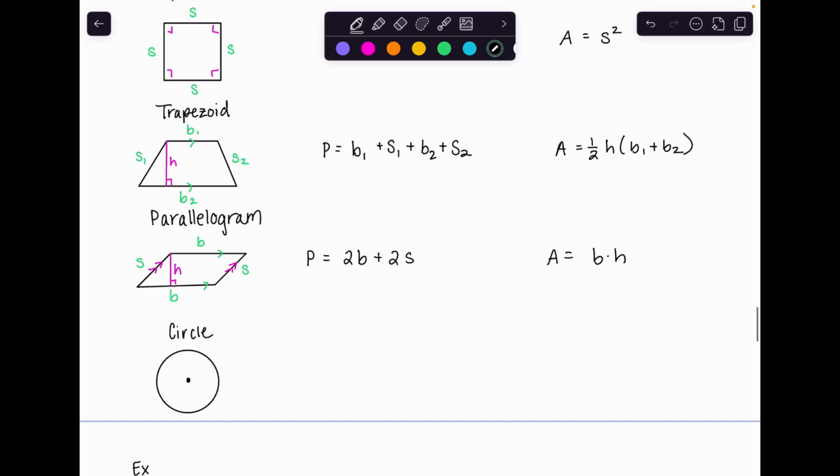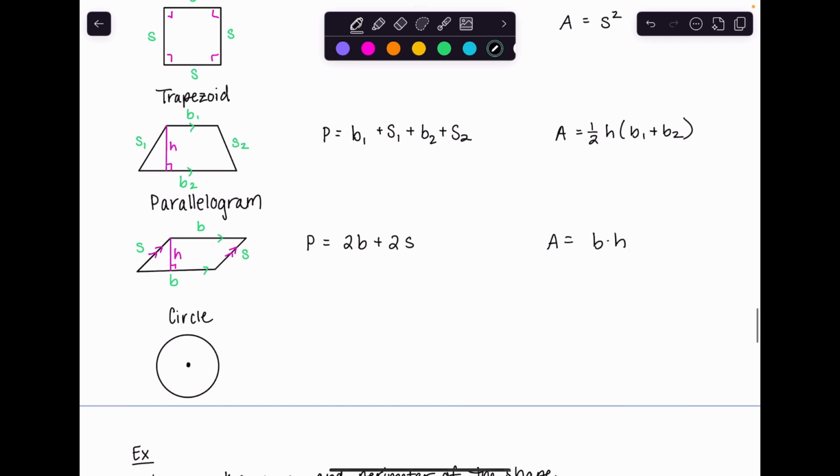Now the only other shape I'm going to add in here is not technically a polygon because it doesn't have sharp sides that form a vertex, but it is still an important shape for us. And that's going to be our circle. So a circle has a fixed point in the center, and then it's defined by all of these points around it being the same distance to the center.